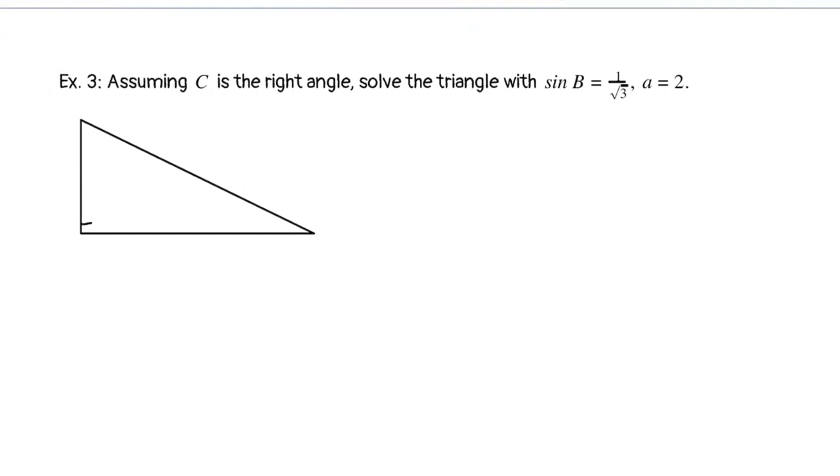Mark off that right angle, and this one we're going to label as C. Where do you want A and where do you want B? Okay, let's go A at the bottom right and B will be the top left.